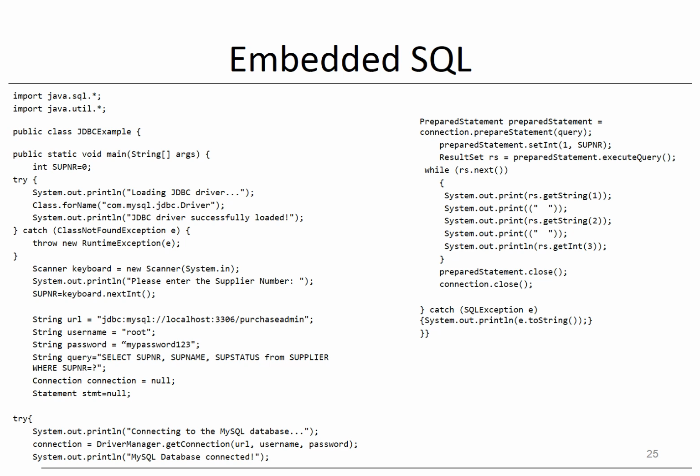A scanner object is created to provide input from the keyboard. More specifically, we will ask to provide a supplier number for which information will be retrieved. The URL variable contains the location of the database scheme, and the username and password variables store the logon credentials.